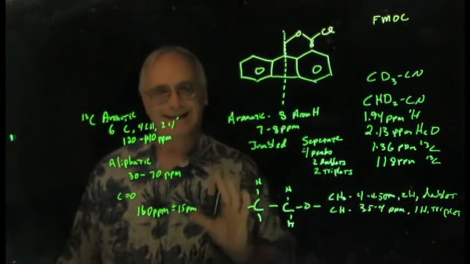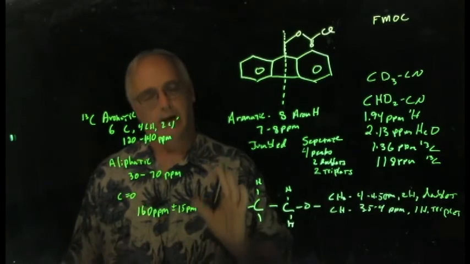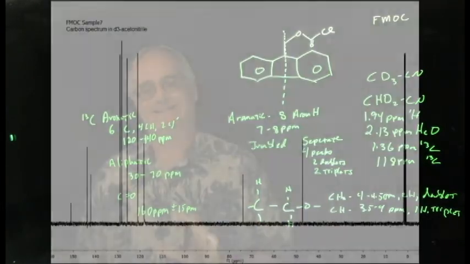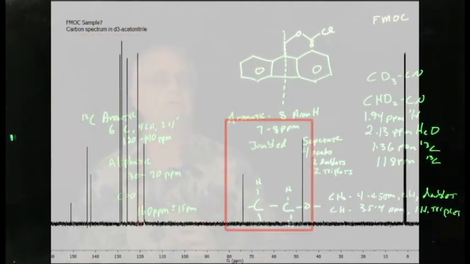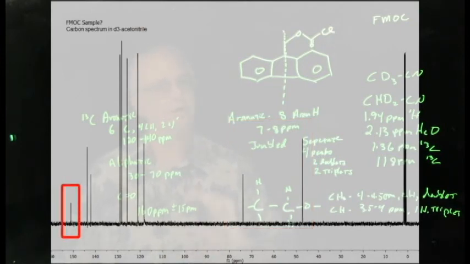Now we look at the remaining peaks, and sure enough, in the aromatic region, we do see 6 carbons, 4 of them tall, 2 of them shorter, 4 CHs likely, 2 of the quaternaries, in this 120 to 140 ppm range. Very beautiful. The aliphatic region, sure enough, we do see our 2 peaks out here. No surprise there. The carbonyl, we see this one actually at about 152 ppm, a little bit lower than a standard ester, but you know, chloroesters is not the most common functional group we run across, so no surprise there.